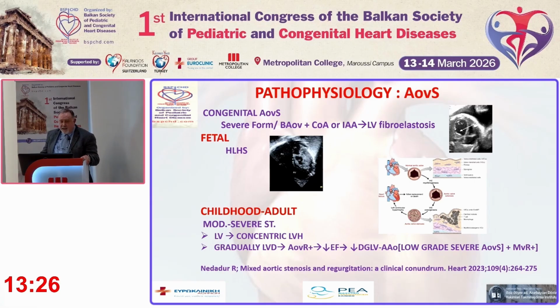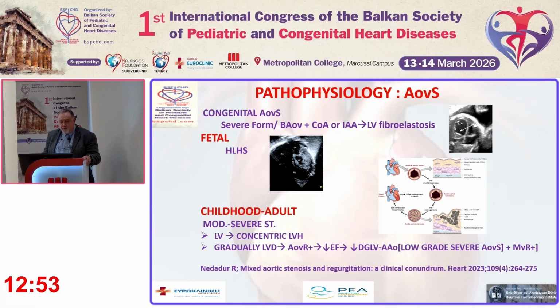Starting with the pathophysiology of the aortic valve, from fetal life, it can be just a congenital aortic valve stenosis with a severe form of bicuspid aortic valve with a coarctation or an interrupted aortic arch, leading to left ventricular fibroelastosis, as you can see on the echo slide over there. Or it can be hypoplastic left heart syndrome, which has a different outcome.